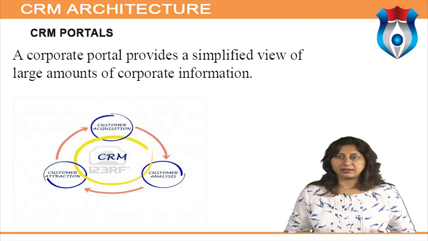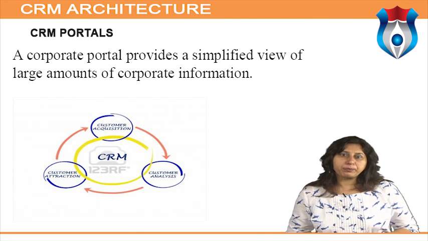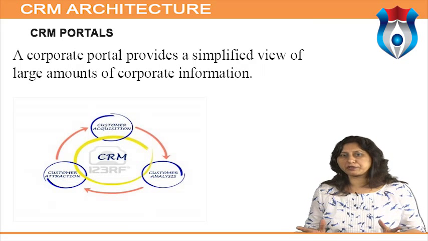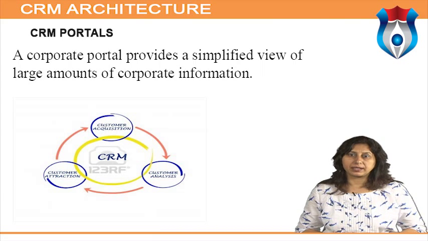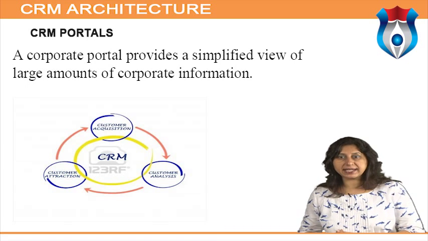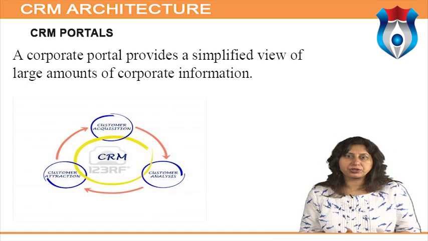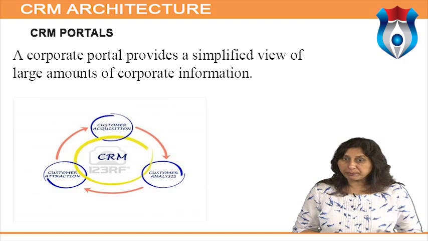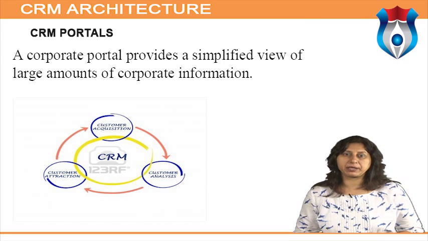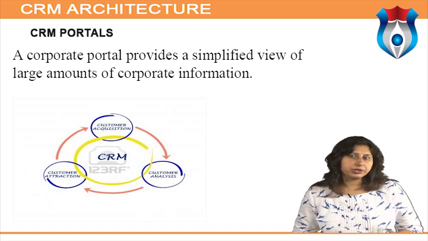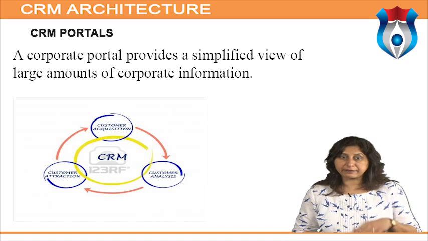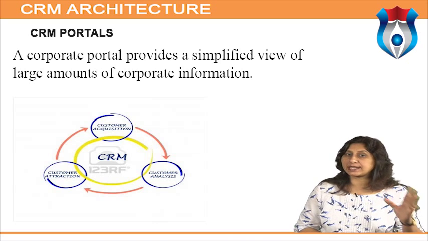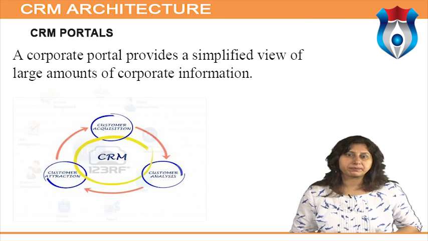CRM portals. A corporate portal provides a simplified view of large amounts of corporate information. It consolidates, organizes, and packs information so that business decisions can be made based on comprehensive, up-to-date information. A portal to corporate information can focus on a specific area of the company, such as sales support and CRM.